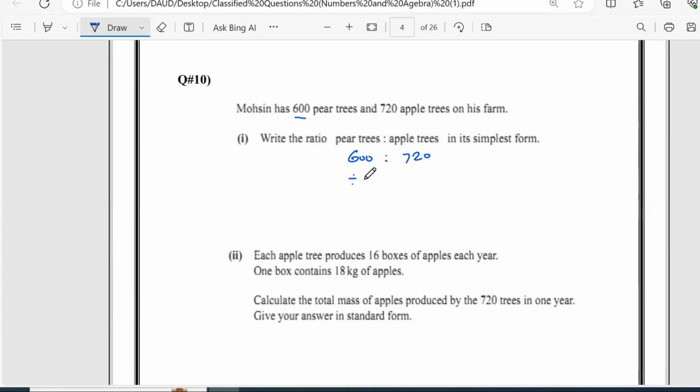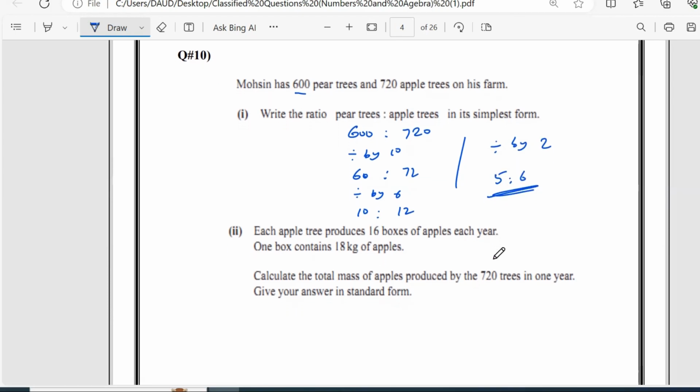Divide by 10, we will have 60 ratio 72. Again divide by 6, so 10 ratio 12, and again divide by 2, we will have 5 ratio 6. So this is the answer in its simplest form.